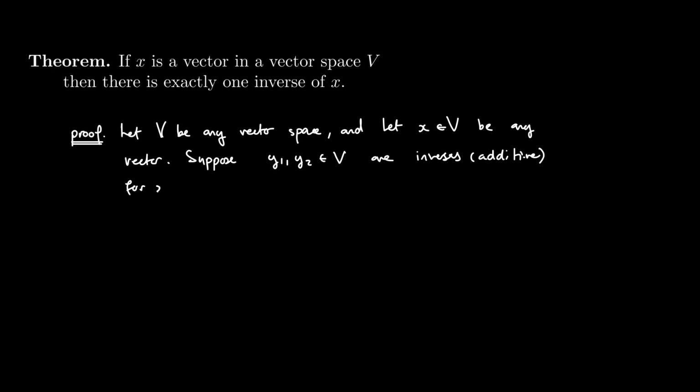for x. Now what does it mean to be additive inverses? It just means that if I take x plus y1, I get 0. And similarly, if I take x plus y2, I get 0. Okay, so that's what I really mean by being an additive inverse, is that just these two conditions hold. It's additive inverse because I'm adding and I'm getting 0.